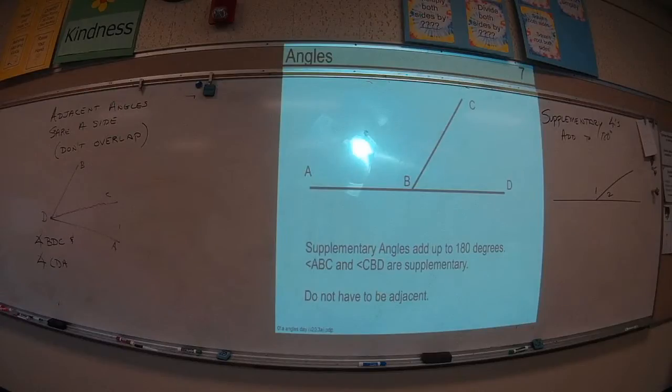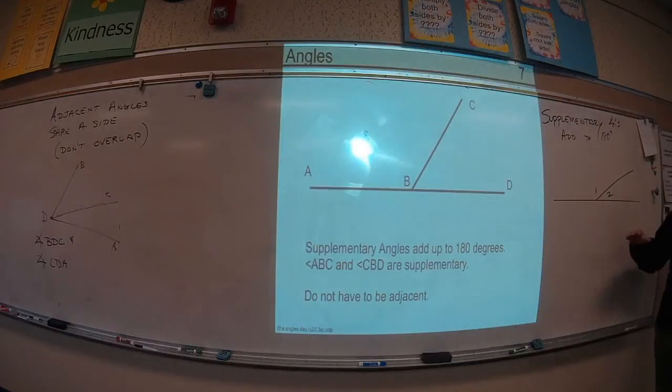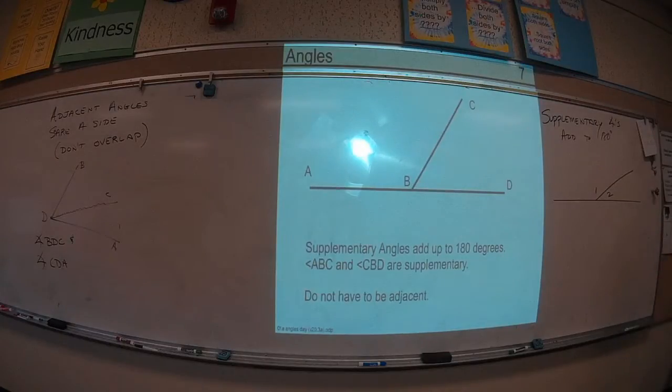If I had like a vitamin supplement, I'd feel better. Supplementary flat line. Supplementary, I add them together, it makes a flat line. So supplementary, I need a vitamin, I'm flat, I'm laying down.